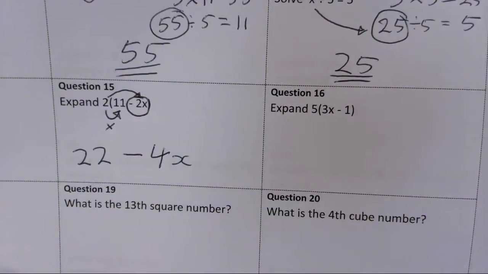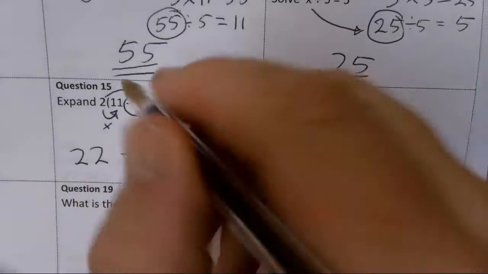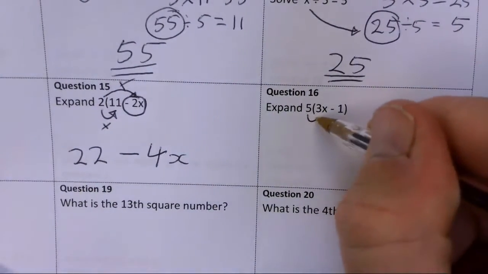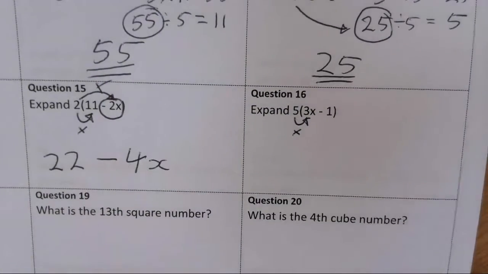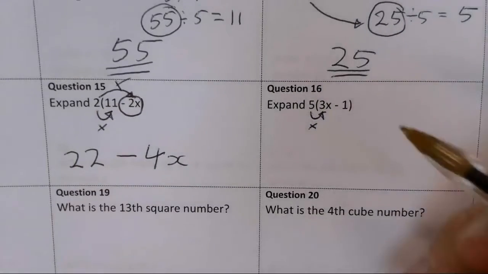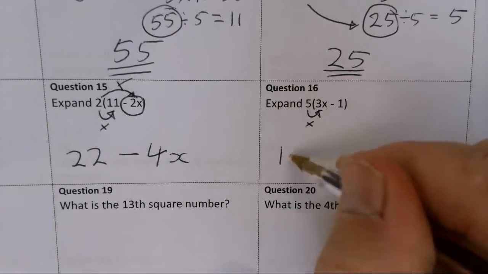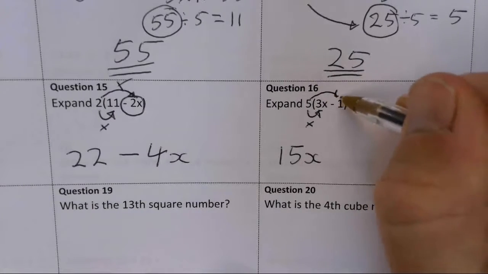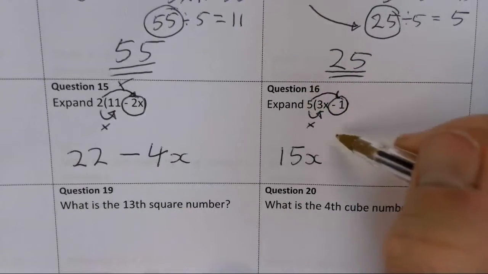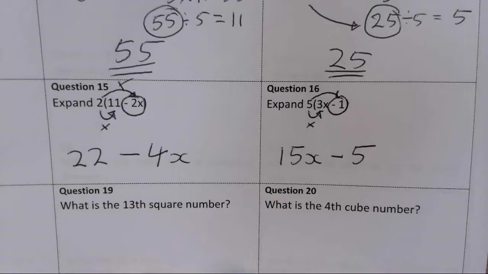So when I multiply that by 2, I have minus 4x. Same idea here. I'm going to multiply that first term. So 5 multiplied by 3x would give you 15x, and then 5 multiplied by minus 1 would give you minus 5.